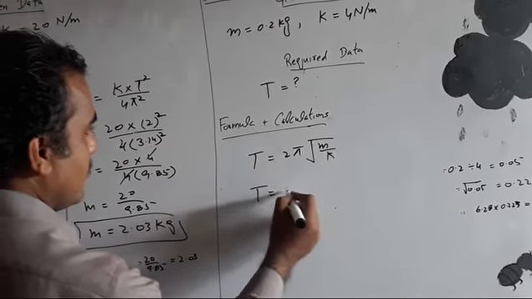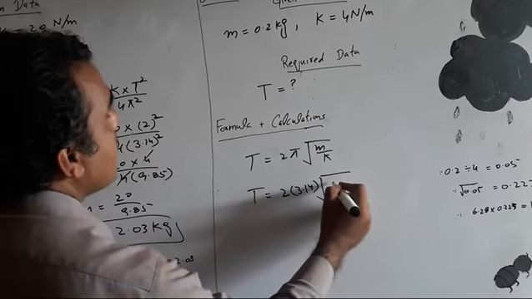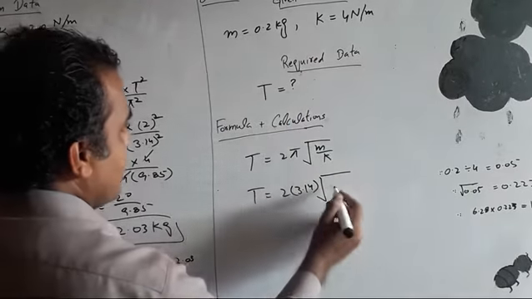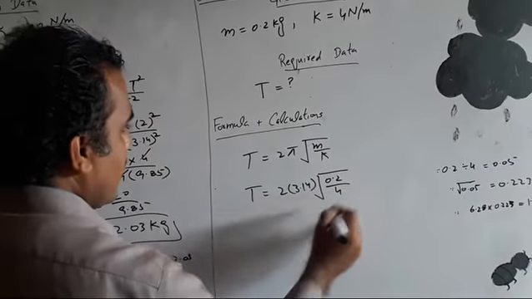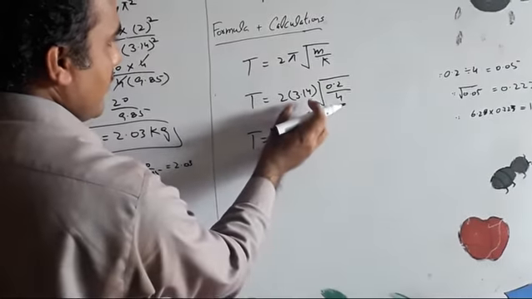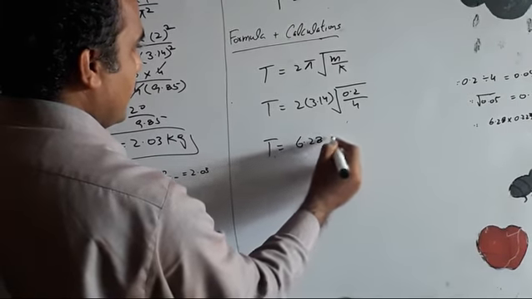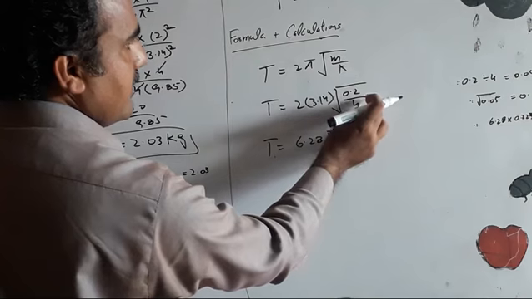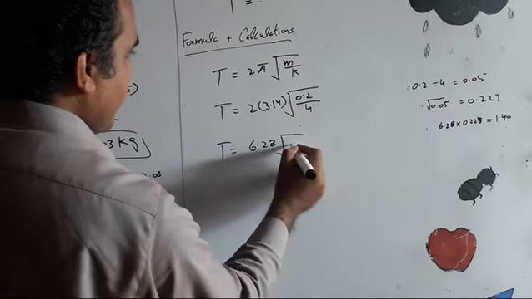So T is equal to 2 and 3.14 square root m, value of m is 0.2 divided by value of k, which is 4. So T is equal to, multiplying these two terms we will get the answer as 6.28, while dividing these two terms we get the value as 0.05.